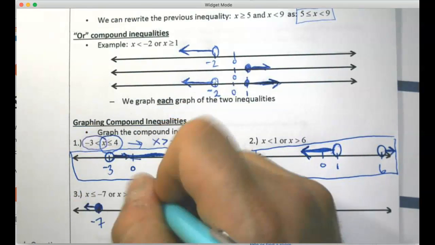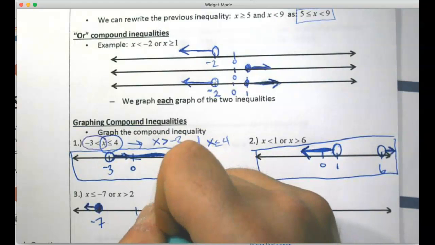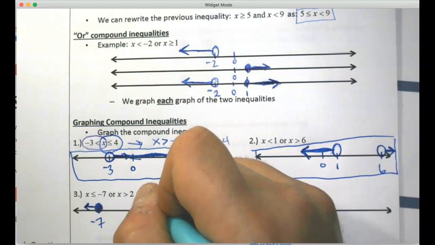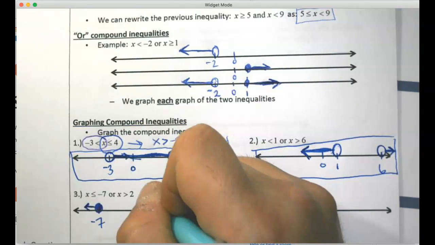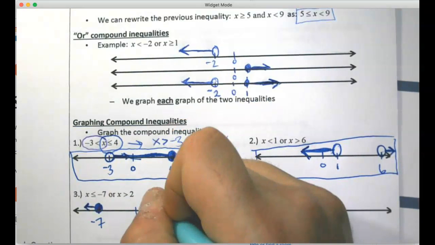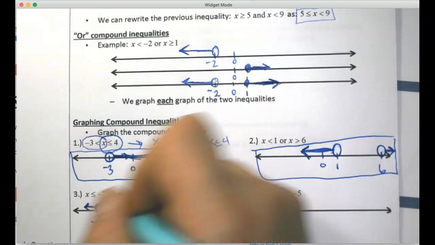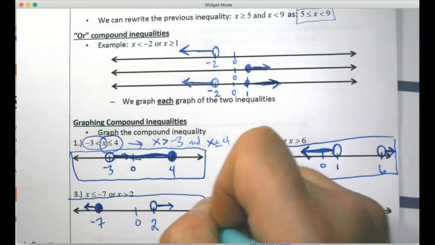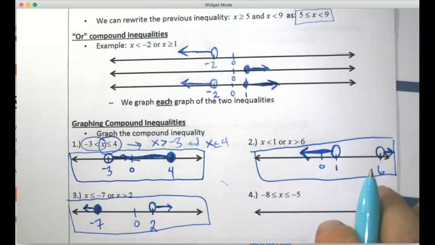Now x is greater than 2, so 2 should be on the right of 0. Greater than 2 means open circle, right? Don't shade it if it can't equal 2, and then all the numbers greater than 2 are on the right side of 2. So there's the graph of that one.